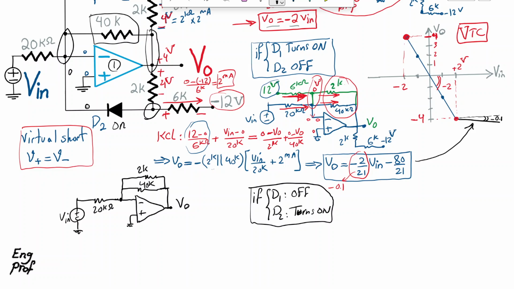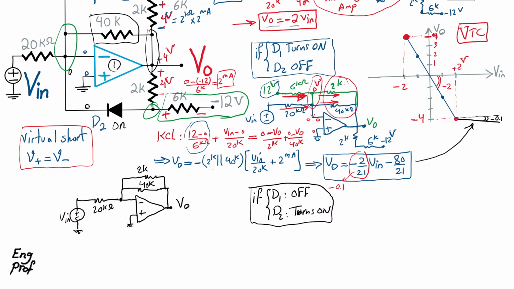You can see that from this node, if I change the color back to something that we can see, from this node that is now the same as this node, we have a 6K that connects to -12.